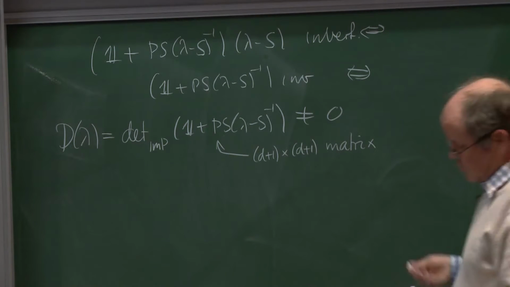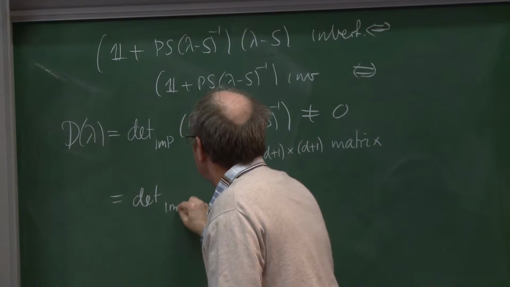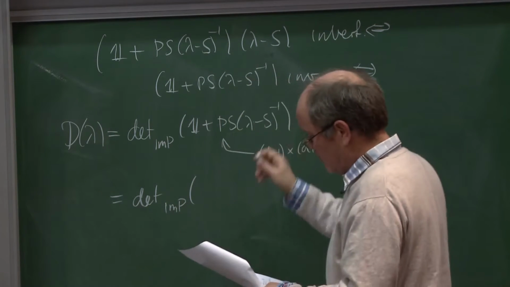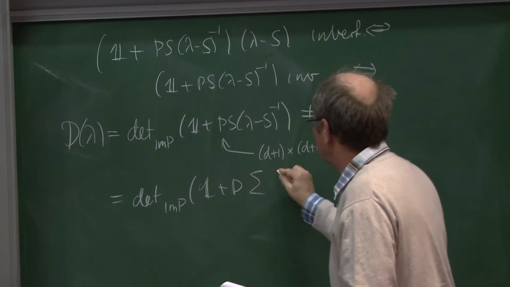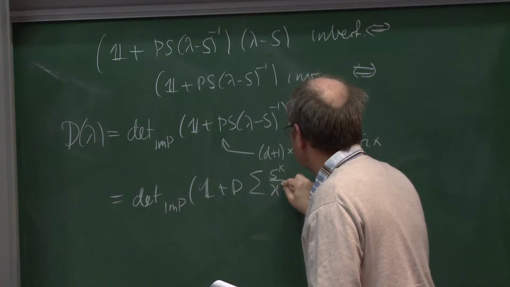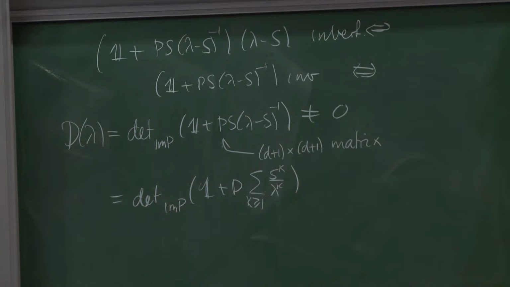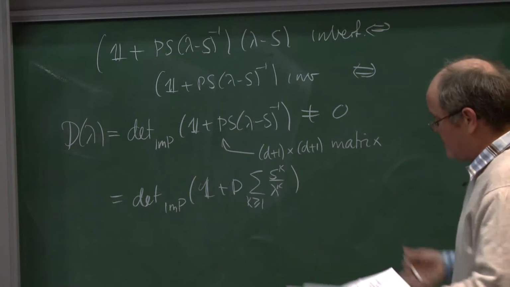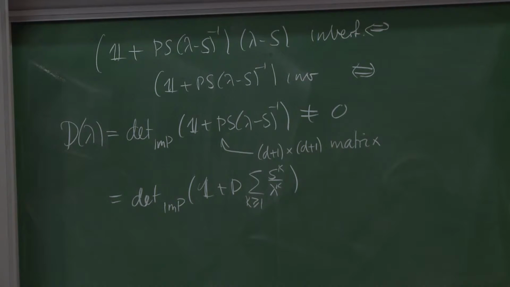And how does it look like actually? It looks like determinant on the image of P, and then you might write it like 1 plus P and the sum of S to the K, lambda to the K. So if I have the explicit representation, I can compute this.